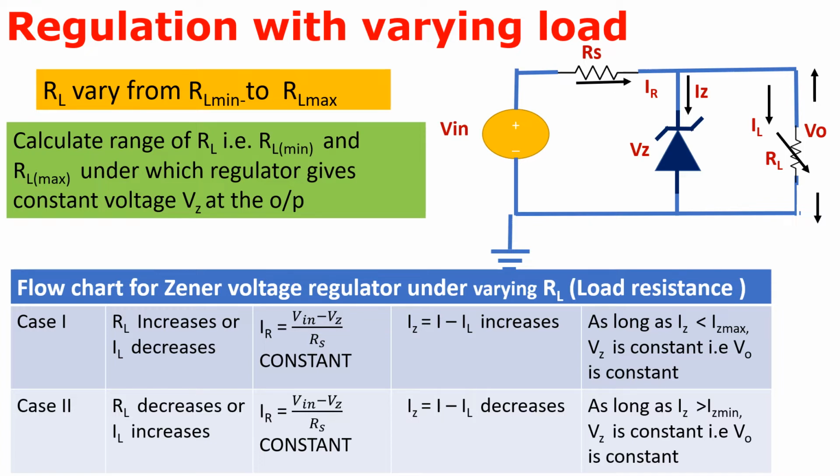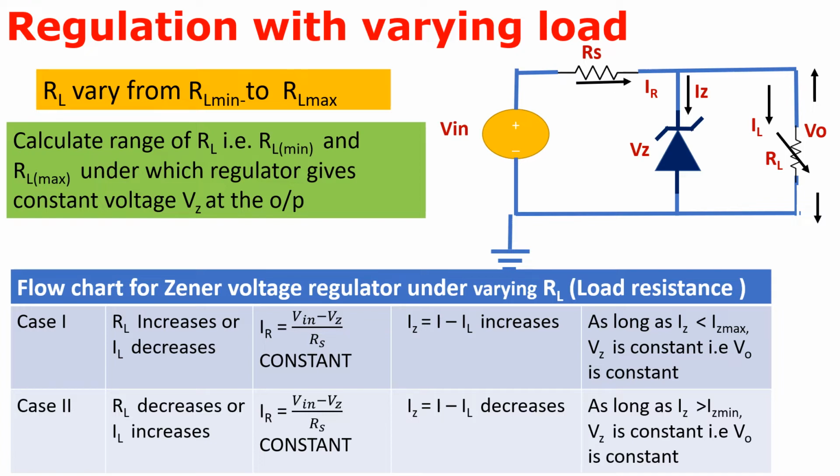So Iz is increasing. As long as Iz is less than Iz max, Vz will be constant. As a result, Vo will be constant.